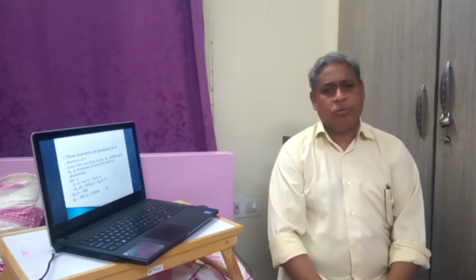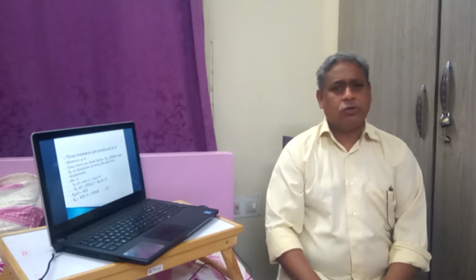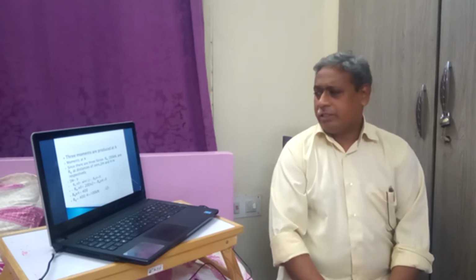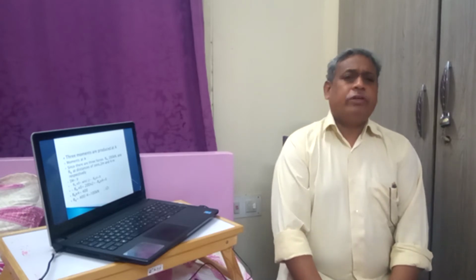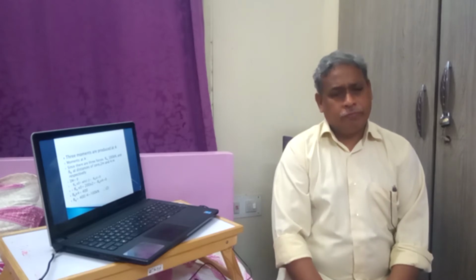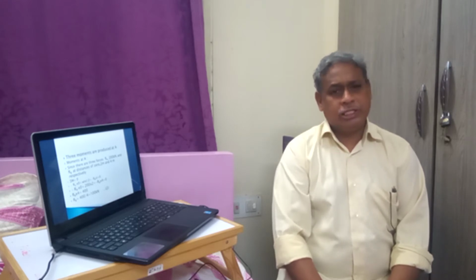There are three moments here. That is, one moment due to the external force, and two moments due to the reaction forces, Ra and Rb. We have seen the distances of these forces are taken from A. Therefore, for Ra the distance will be 0, for Rb the distance will be 4, and the load which is at the middle is at 2 meters.